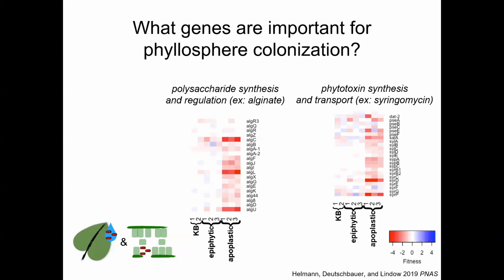Yeah, so I'm not sure if from these data you can get a sense of if these genes would be functional in other ways. One of the big caveats for the analysis is that, especially in planta, the fitness values can be highly variable due to the nature of the experiments.